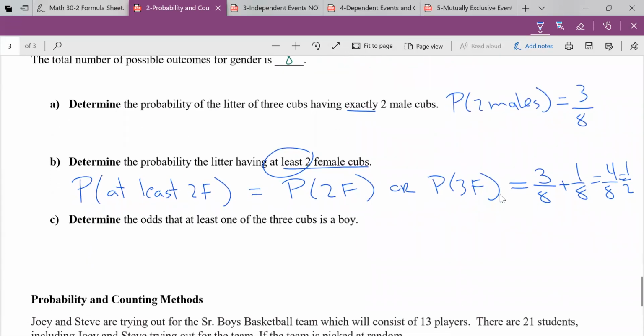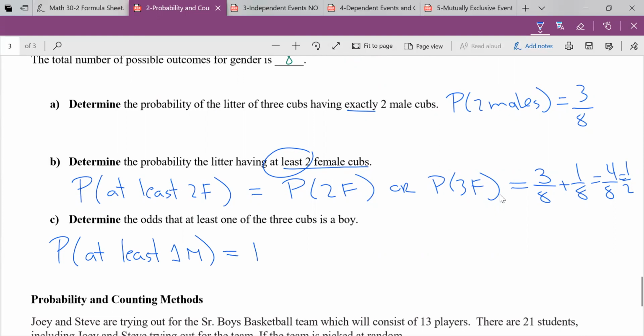And determine the odds that at least one of the 3 cubs is a boy. At least one of the 3 cubs is a boy. So at least 1 male. Well, when I want at least 1 male, I'm going to do the complement.